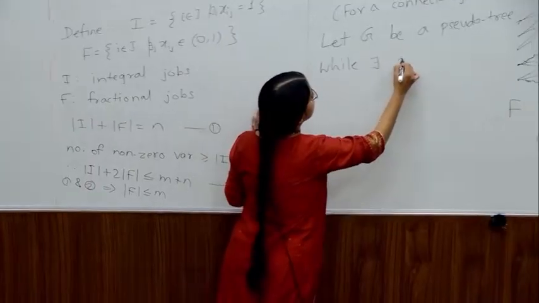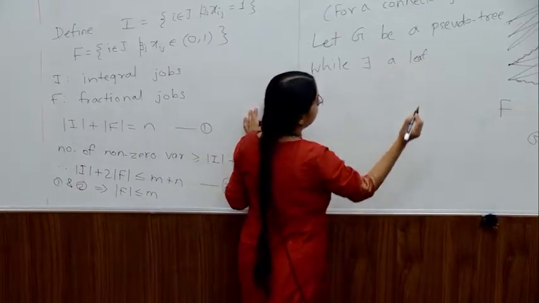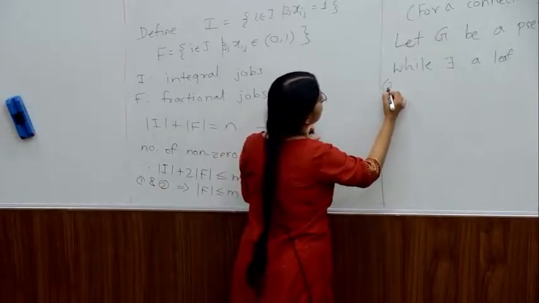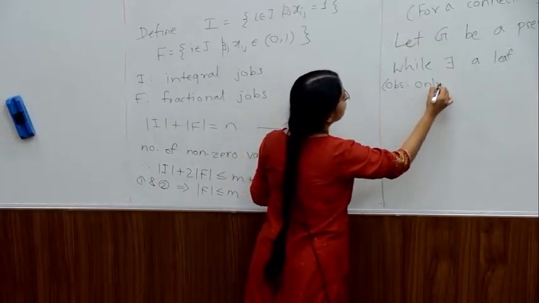While there exists a leaf, and our observation is that only machines can be leaves.